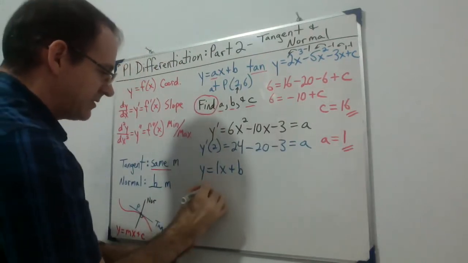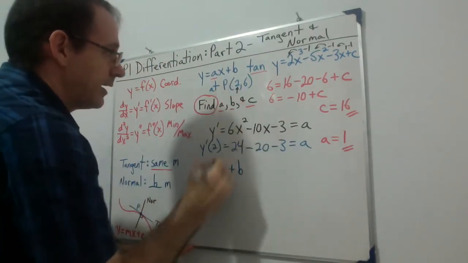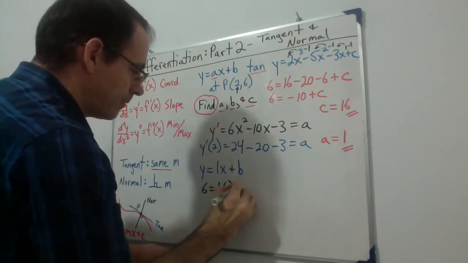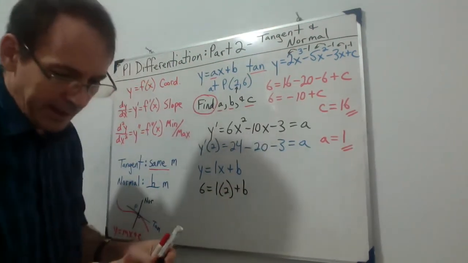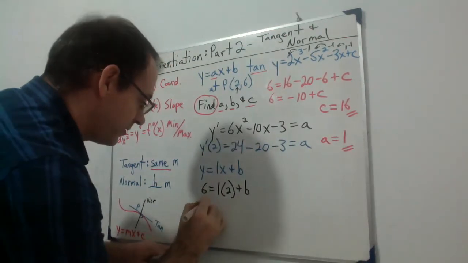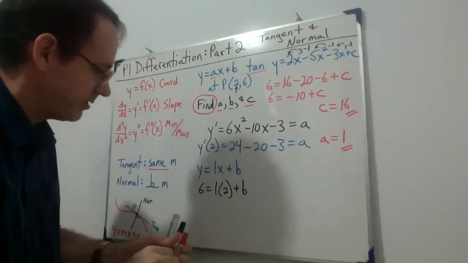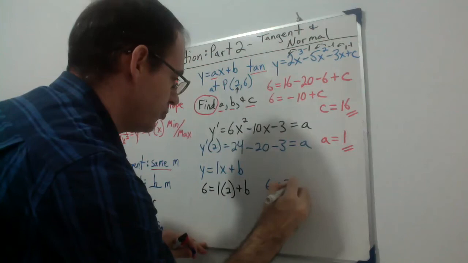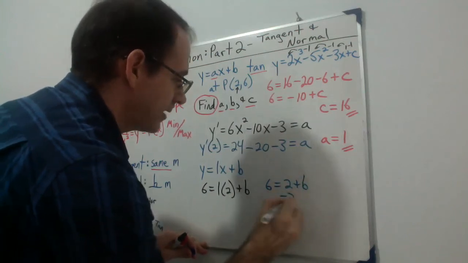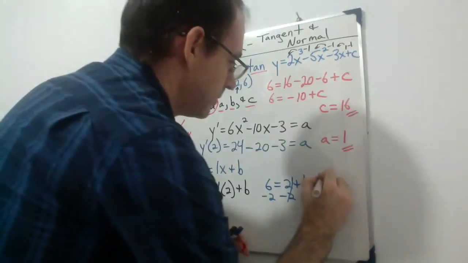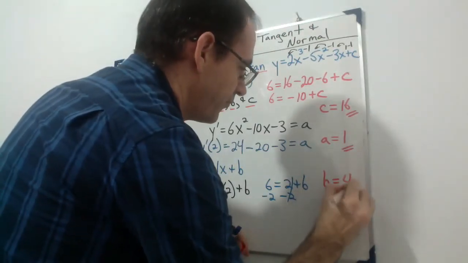So we get 6 equals, our x is 2 plus b. I can finish it up here in blue. 6 equals 2 plus b, subtract 2, and we get b equals 4.